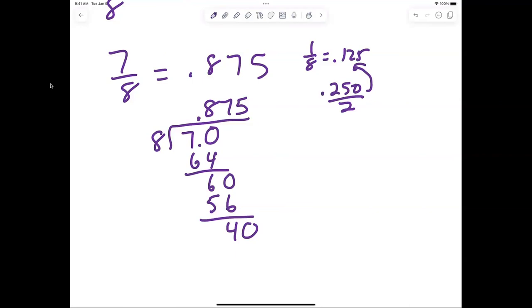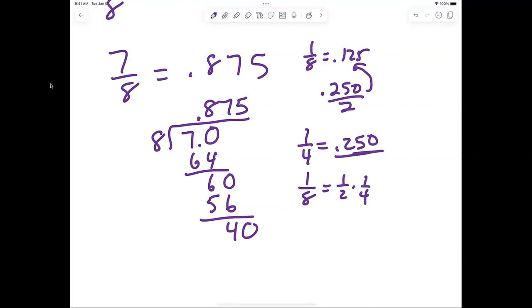It's 0.250 divided by 2. You with me? No, I didn't do it that way, because I knew that 1/4 was equal to 0.25. And I can add a 0 here. So 1/8, if I take 1/4 and multiply it by 1/2, I get 1/8, right? So I just take half of this. That's how I knew it was that.